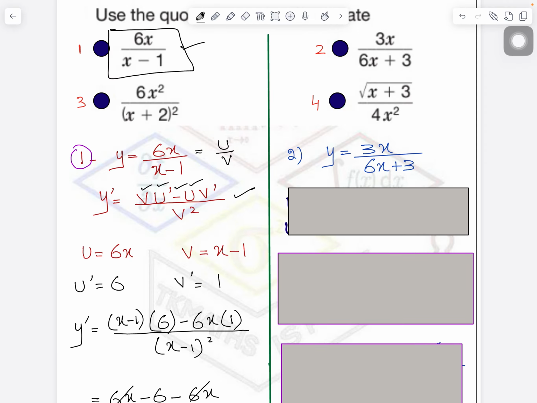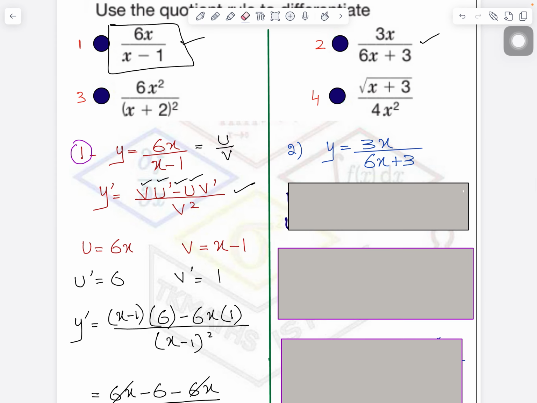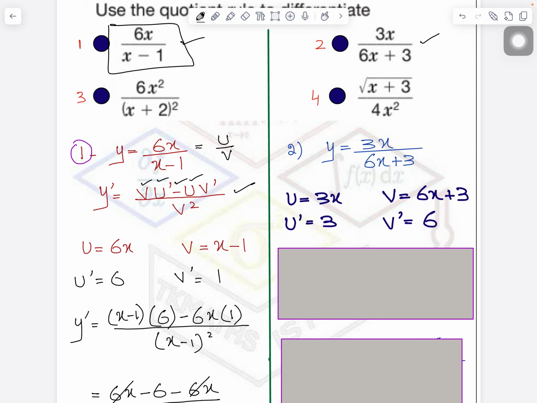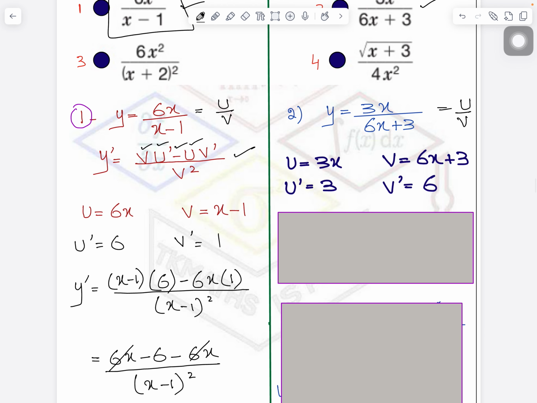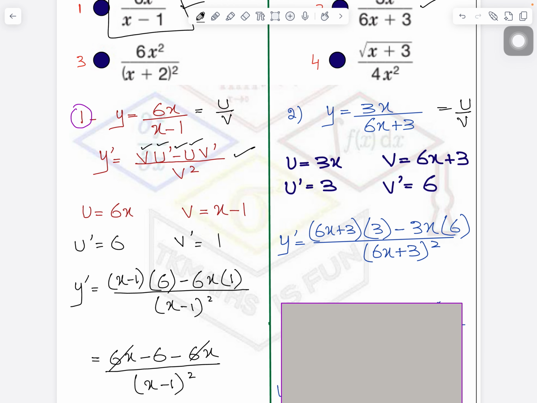Now number 2, if you want to try it out, you can do it, or you can do it with me. I'm showing you the solution slowly here. I have solved here to save time. So again, it is in fractional form. The numerator is u, the denominator is v. And I have differentiated them. Now I will substitute them in the formula.